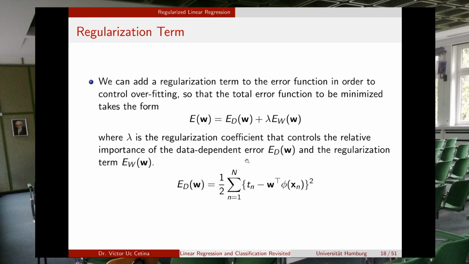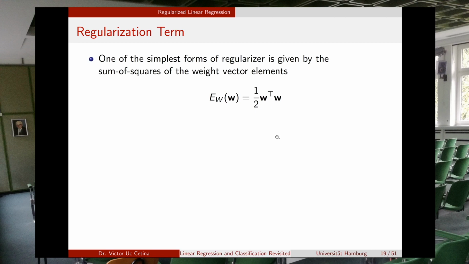So, as I explained before, this ED is the error caused by the data, the standard square error that we saw previously. So this expression will be the left side of the general error now, and the right side is defined as the norm of the vector, so the magnitude of the vector of parameters.